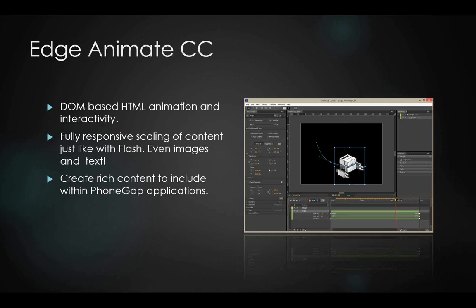One of the things that people initially see as a problem with something like PhoneGap is because you are dealing with HTML and CSS, that's sometimes a bit limiting by itself, but using something like Edge Animate or some of the GreenSock tweening JS libraries, and some jQuery UI and other things like that, you can actually make things a little more dynamic when it comes to embedding content within your PhoneGap application.